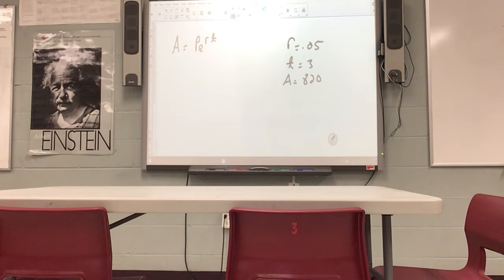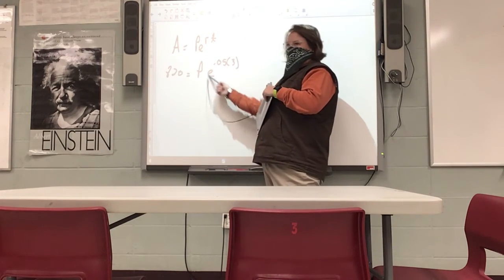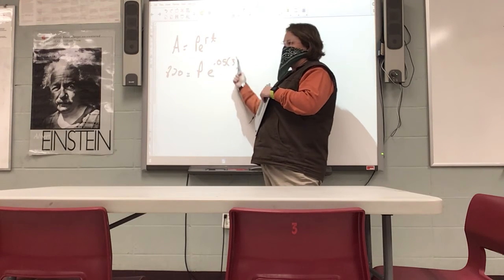So we're solving this one a little bit different than the ones we have in the past. So we would say $820 equals, we don't know, times the number E to the 0.05 times 3 power. Okay, so then what you're gonna do is you're gonna put this in your calculator, E to the 0.05 times 3 power.